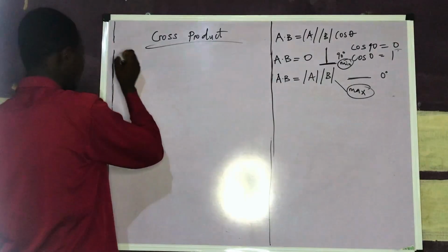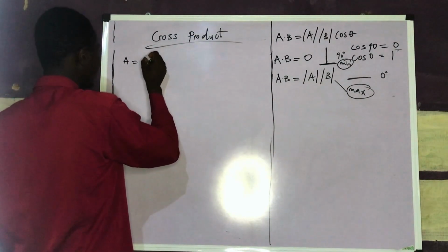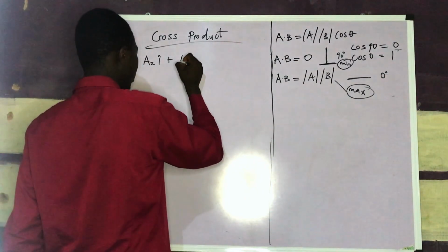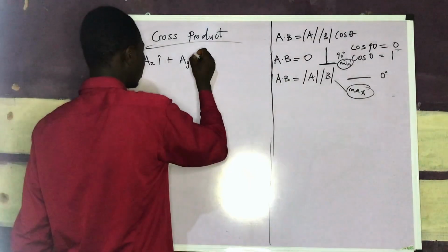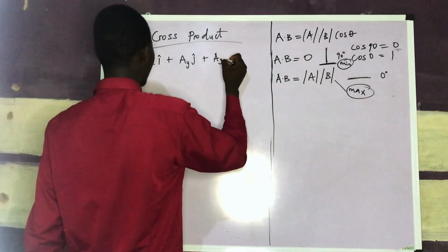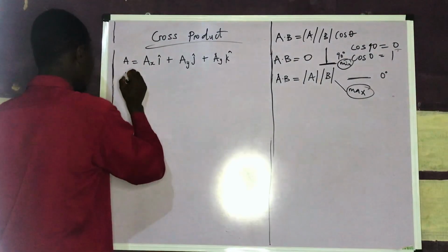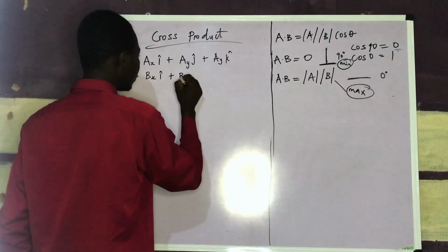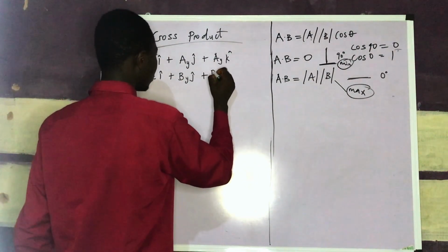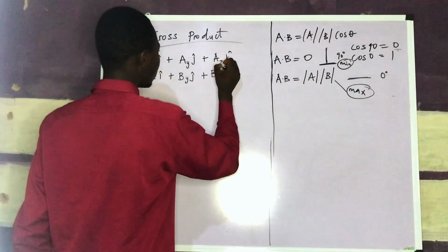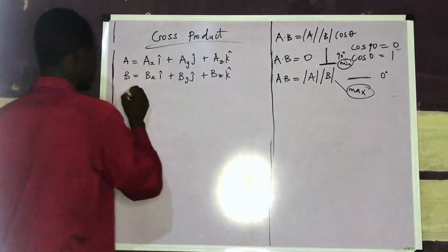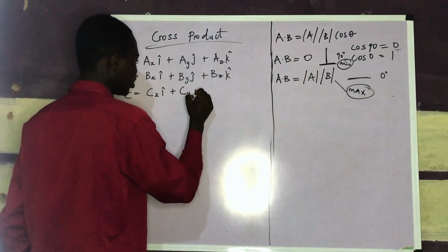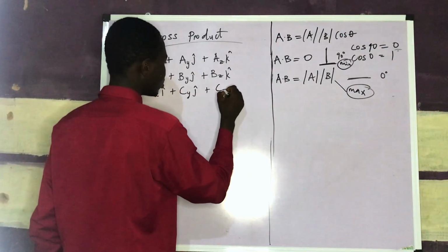Let's say we have A equal to AX I plus AY J plus AZ K. Let's say B, we have BX I plus BY J plus BZ K. We have C again, that's CX I plus CY J plus CZ K.